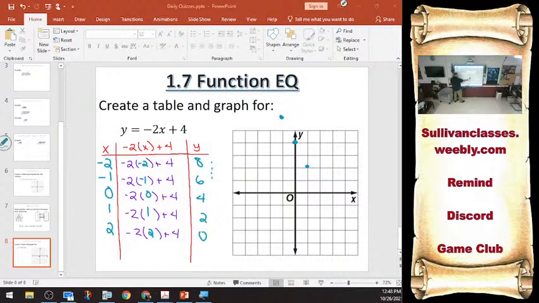Or, were you able to see the pattern after so long? If you see the pattern says it's going down by 2 every time, then I'll just go down by 2 every time. Do I got enough dots up there to make a line? Yep. Yep, do it. There we go.